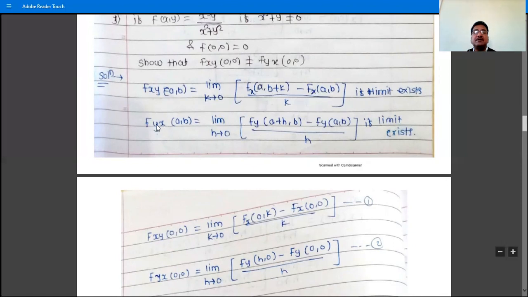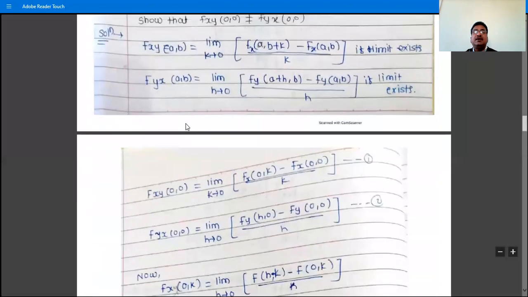And fyx means the derivative of fy with respect to x, which means the limit as h tends to 0 of fy a plus h, b minus fy a b divided by h, if the limit exists.